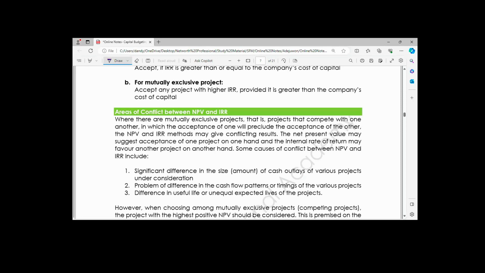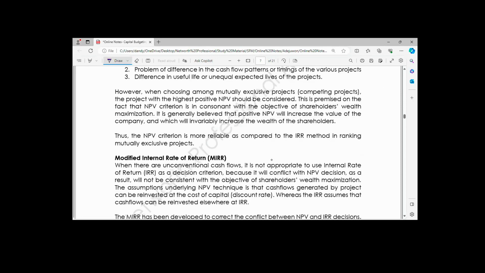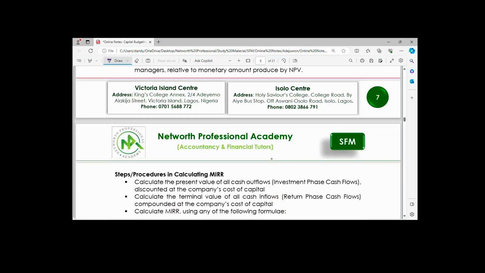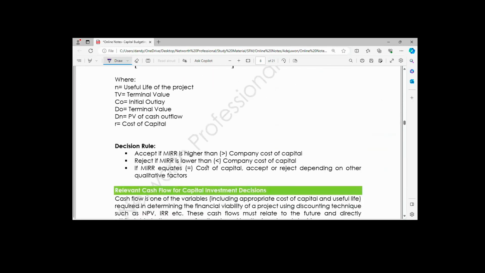Number one causes of conflicts. Let me use hypothetical numbers to explain this. Let me find the space. Okay, I can see small space here. Now, in case the examiner is asking you to explain the reasons why there are conflicts between decision of NPV and the internal rate of return.